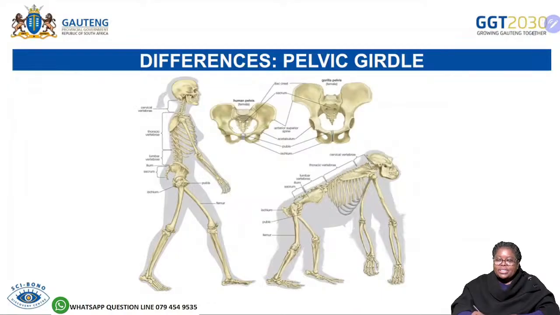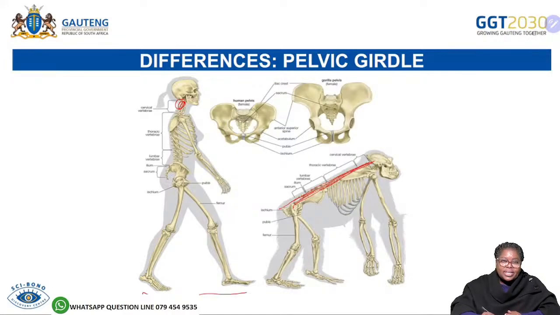Now remember the position of the foramen magnum makes humans walk on 2 feet, bipedal, and these ones are quadruped because the spinal cord enters horizontal.